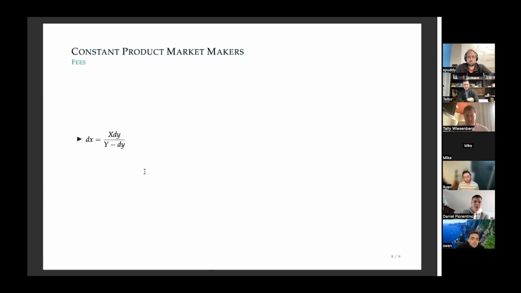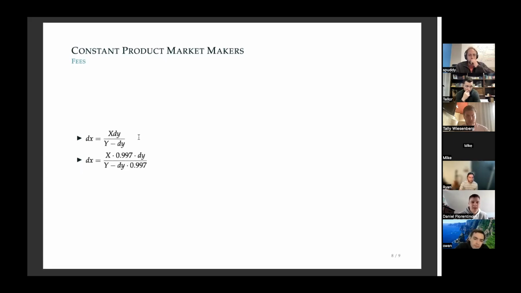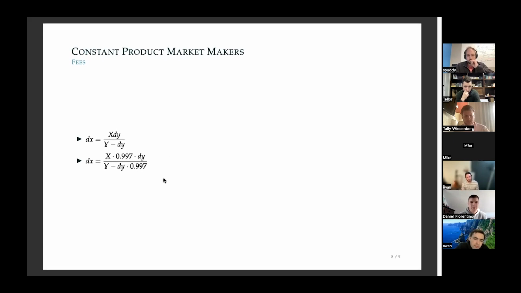So this has all been assuming there are no fees. But in reality, there is a fee for every transaction, so that there's incentive to put up liquidity. This is the formula that Uniswap V2 uses. So they take a 0.3% fee.